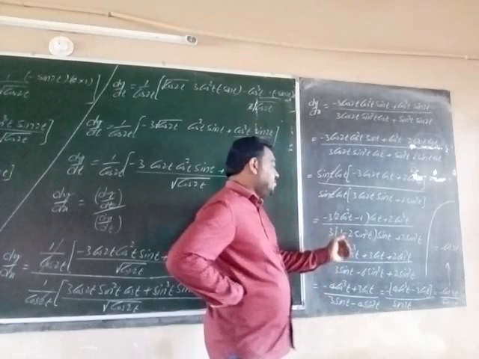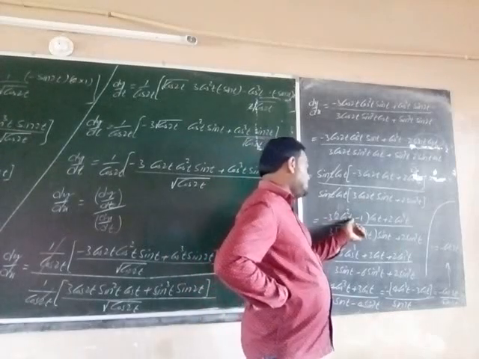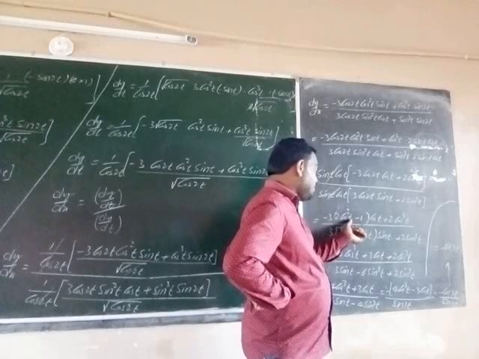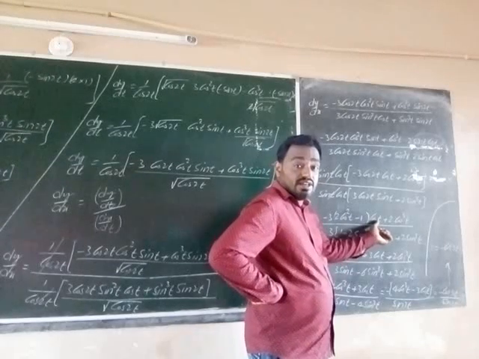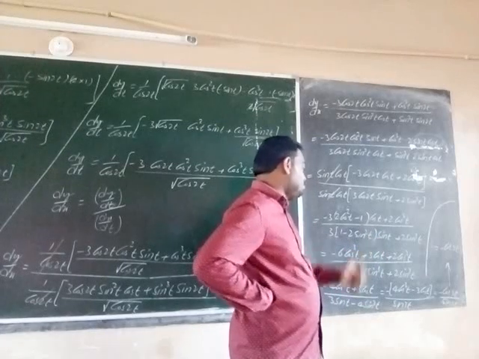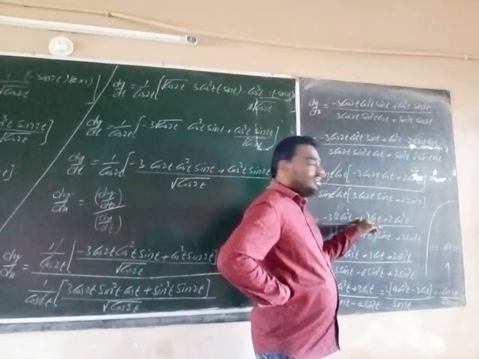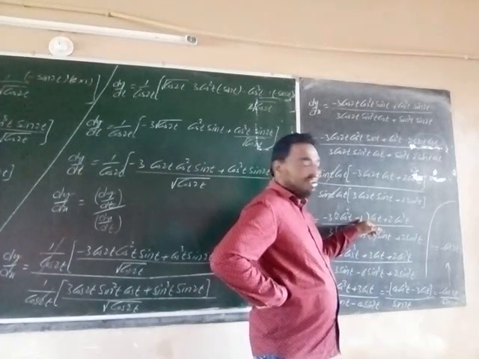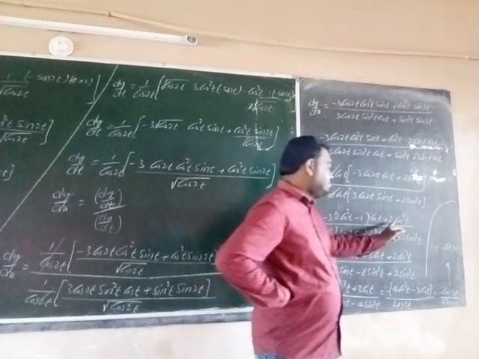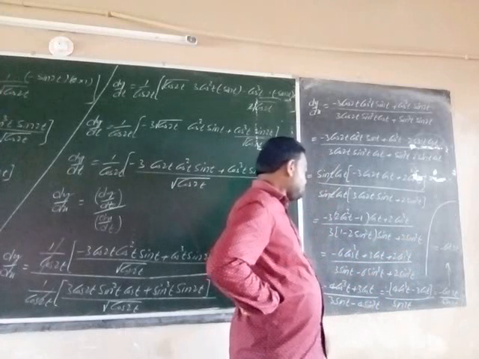Now take the multiplication. Minus 3 into 2 is minus 6 cos square into cos t, that is minus 6 cos cube t. Minus 3 into minus 1 plus 3 into cos t is 3 cos t, plus 2 cos cube t.